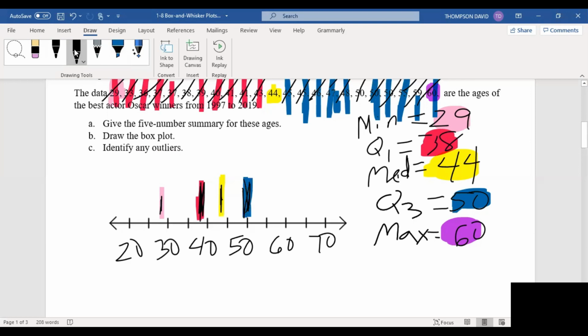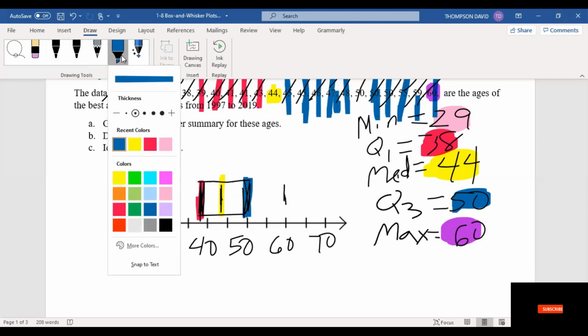And we'll draw a box around these three. That's our actual box. And then on 60, recall that one was purple.